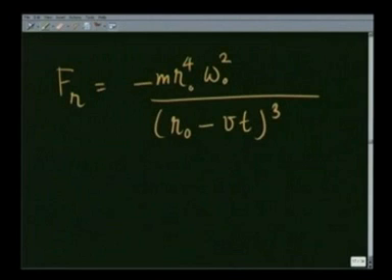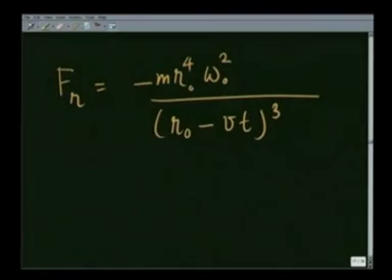Therefore, the force needed to pull it in is equal to minus m r 0 raised to 4 omega 0 square over r 0 minus v t whole cubed. So, as time increases, the denominator becomes smaller and smaller, and the force that you need to pull the wire in with constant speed keeps on going up.